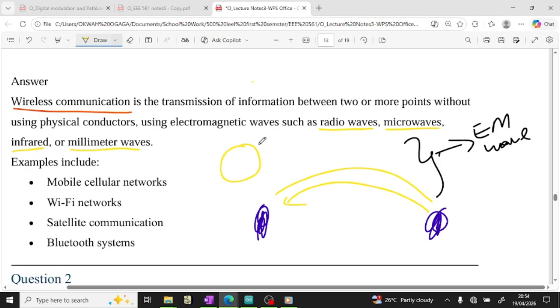How many complete circles can you complete in 1 second? Radio waves go a number of circles in 1 second, and this one goes a different number, and this one goes a different number. When I say circle here, what I actually mean is vibration.